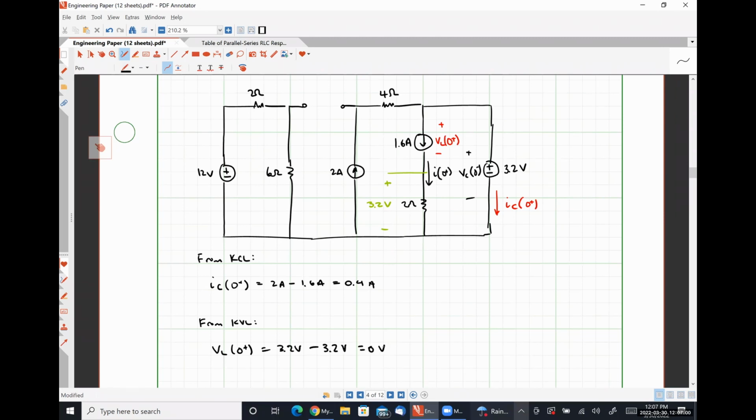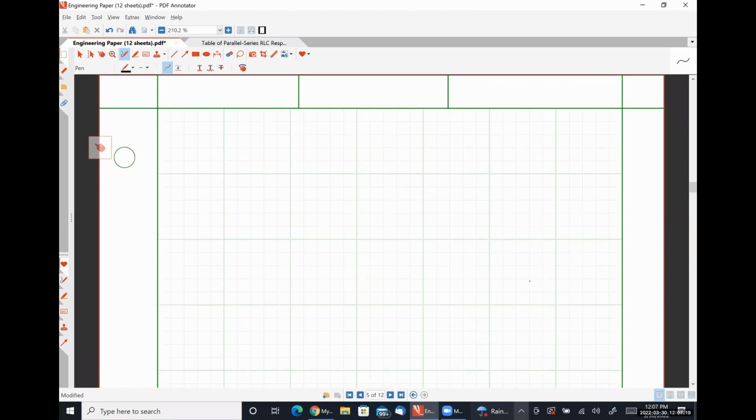So we've analyzed our circuit at t equals 0 plus. Now we will need to analyze the circuit at t equals infinity because there is still a source left in the circuit, right? So at t equals infinity, our circuit is at DC steady state again, but our switch is open.